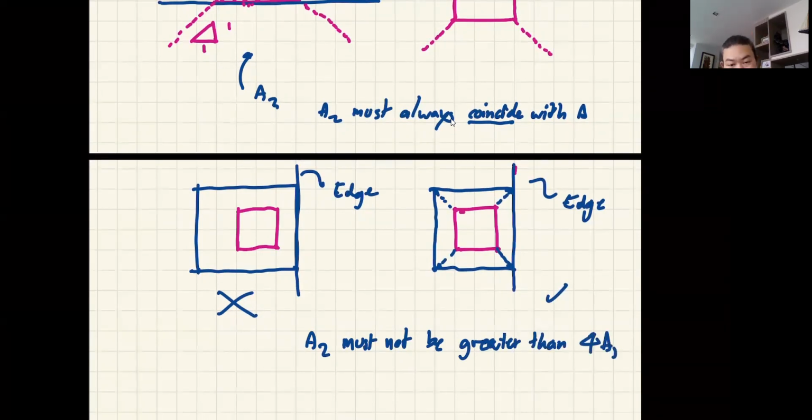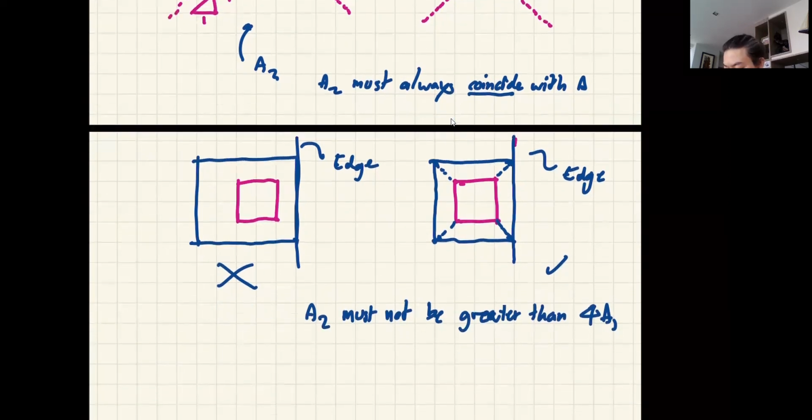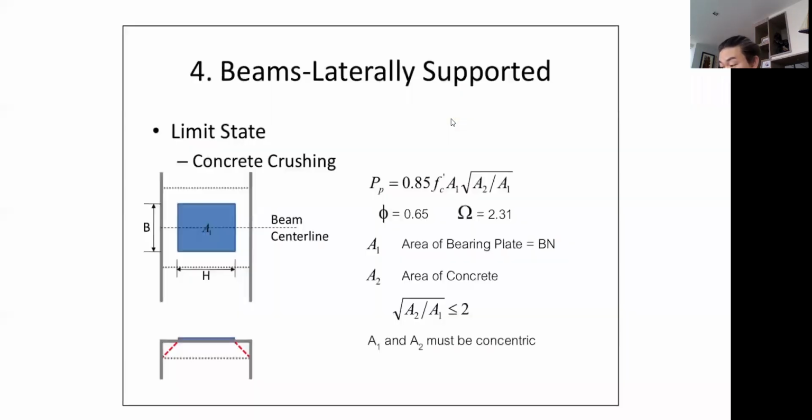That's the limitation. In other words, the spec would say this: the square root of A2 over A1 cannot be greater than 2. Okay, that is why we have this formula.